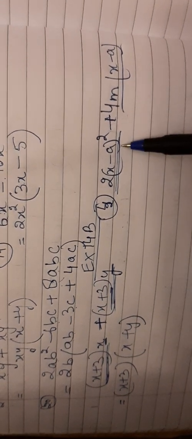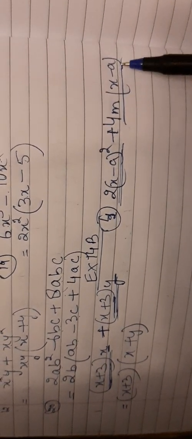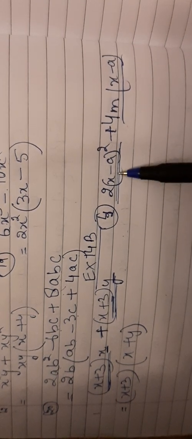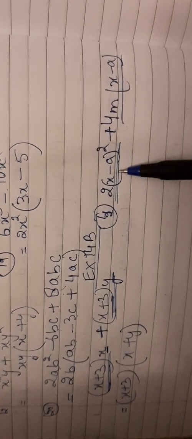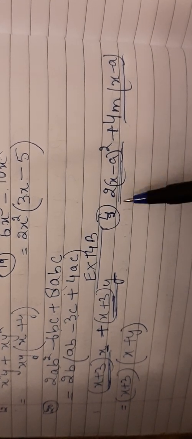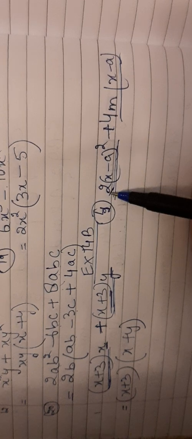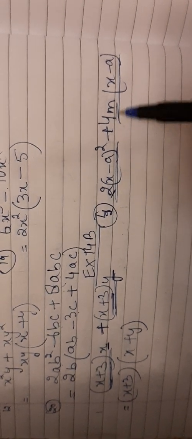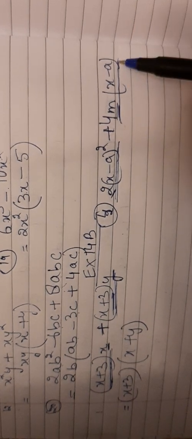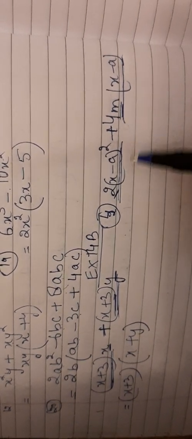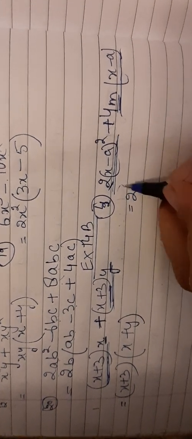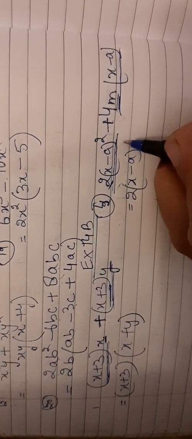Now in this you see that there is a binomial x minus a, and this is having the power 2 for the binomial x minus a. So it can be taken once common. Between this monomial term and this monomial term, between 2 and 4m you see 2 is common. So I can take 2 common as well as x minus a common.